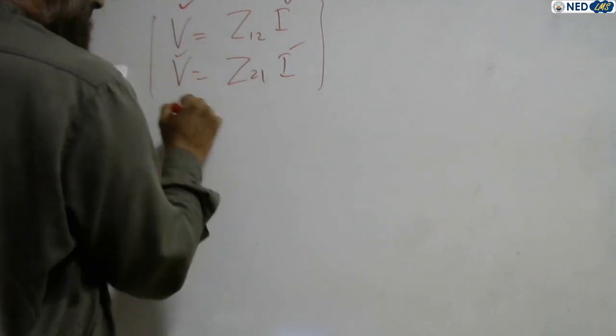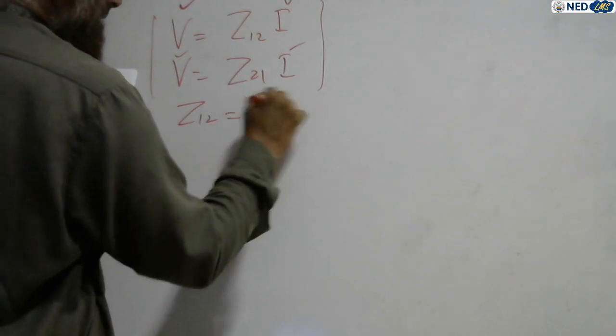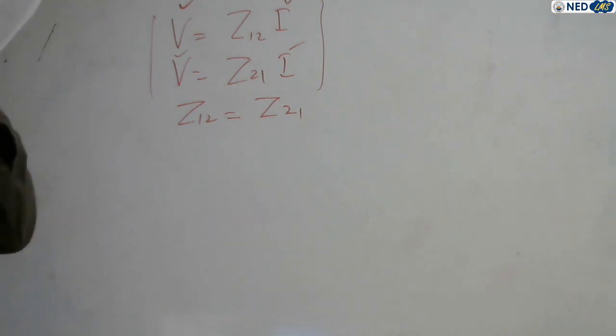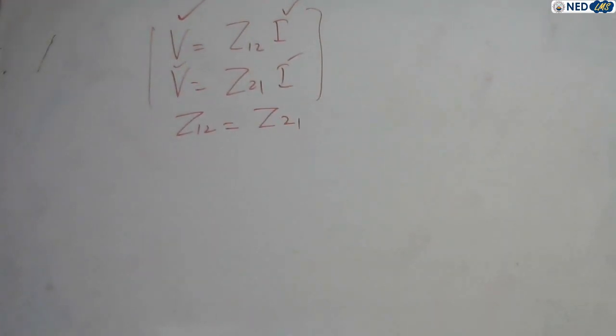This is only possible when Z12 equals Z21, that is, both transfer impedances being the same. Any two port that is made entirely of resistors, capacitors, and inductors must be reciprocal. Remember. I hope you understand.